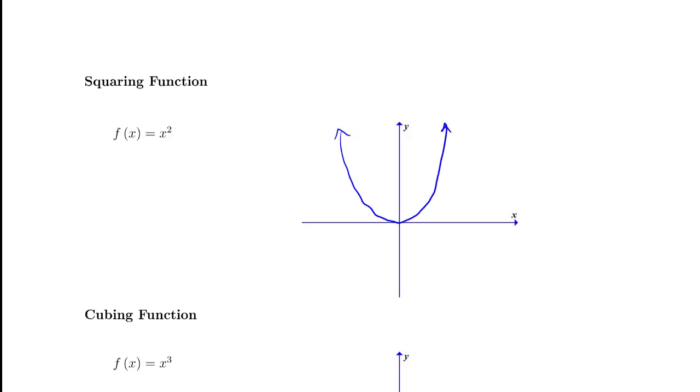Now obviously that doesn't have any points shown on it, but if I wanted to think about a point on here, I could plug in a value, say 2, and I know that when I plug in 2 to x squared, I get 4, so I could always find points such as 2, 4 on it.